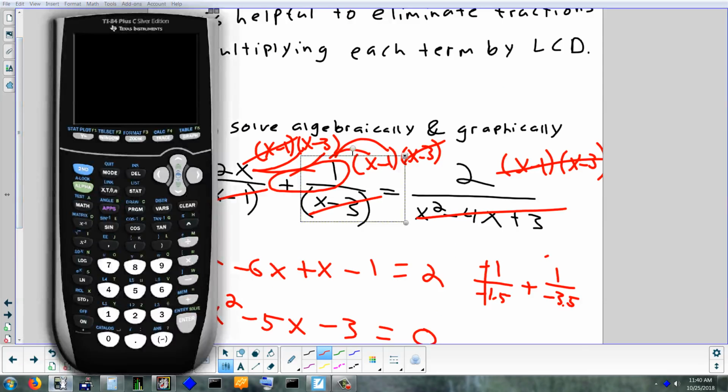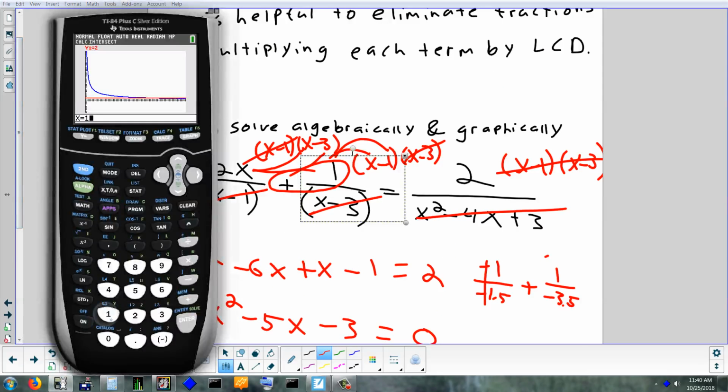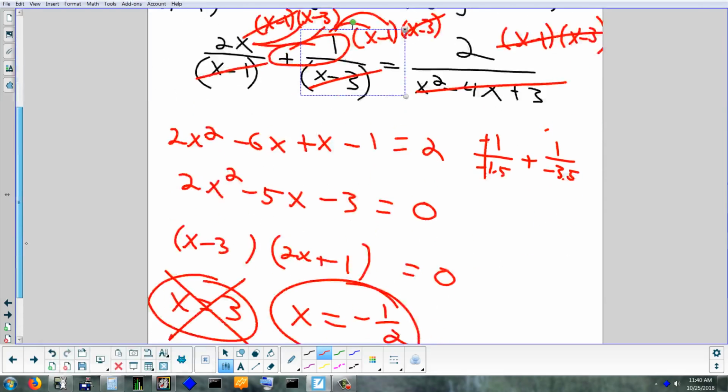So it's 1 divided by 1.5, plus 1 divided by negative 3.5. So when you plug in negative a half on the left, you get 0.3809. We'll see if that's what we get on the right.